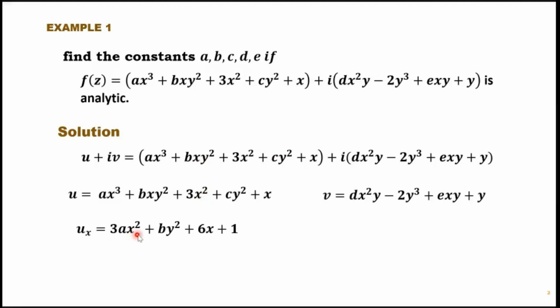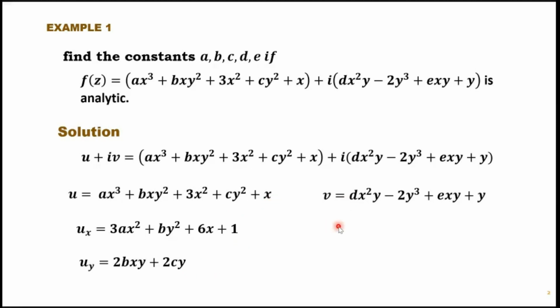Similarly, uy is differentiating u partially with respect to y. So ax cube is a constant, the derivative of bxy square is 2bxy, this is a constant, the derivative of cy square is 2cy, and the derivative of x is 0.